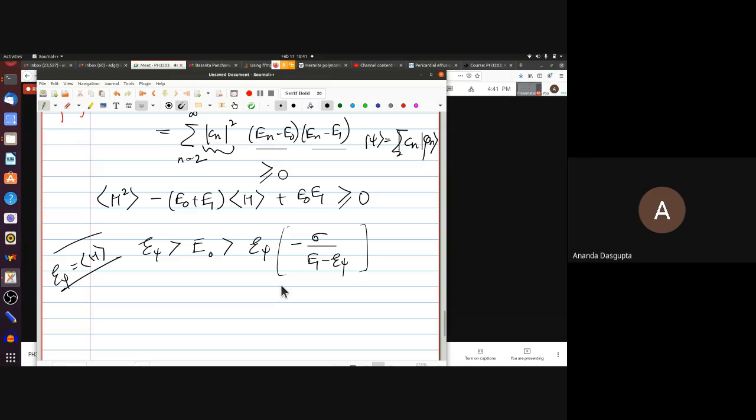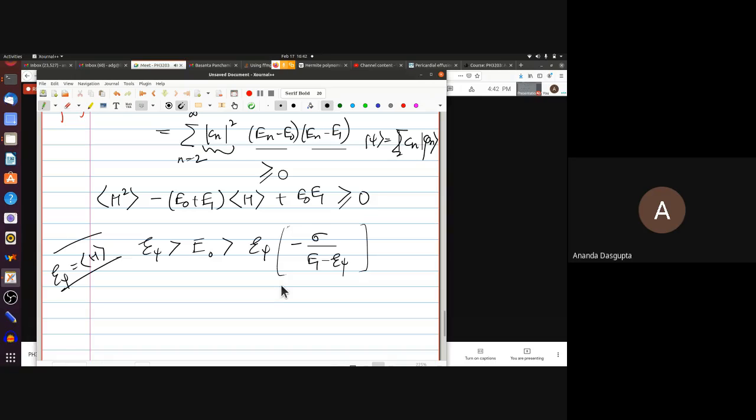That doesn't depend on what family of wave functions you are using. But you are trying to estimate that actual number by doing this variational calculation. And you are getting an interval from curly E psi minus sigma squared by (E1 minus curly E psi) up to curly E psi, in which E0 is confined. So if the width of this interval is small, then you know that your answer is a good answer. That is, it is rather tightly bound on both sides.